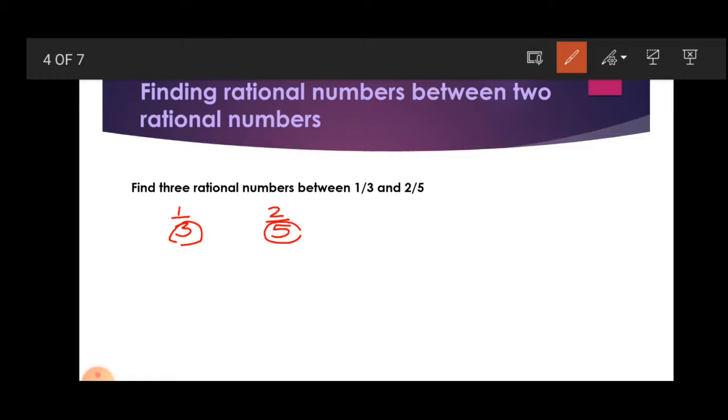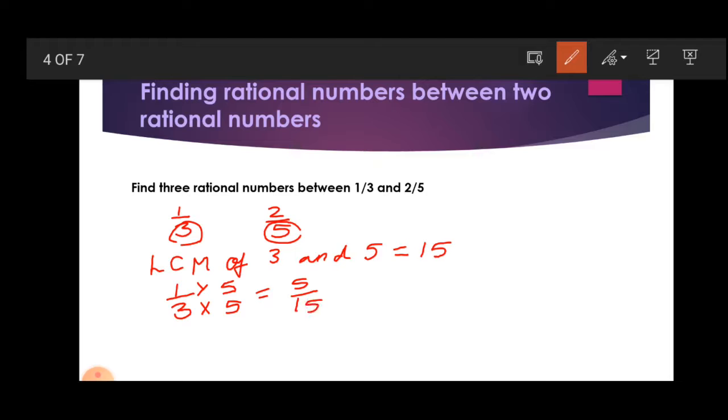To make the denominator the same, take the LCM of the denominators. LCM of 3 and 5 is 15. Now, make the denominator the same. If we multiply numerator as well as denominator by 5, we will get 5 by 15.